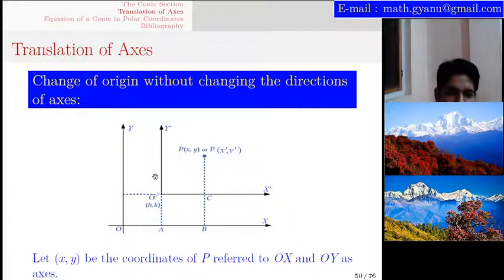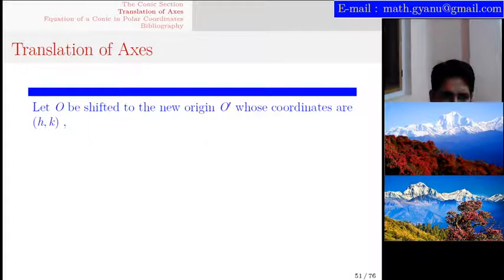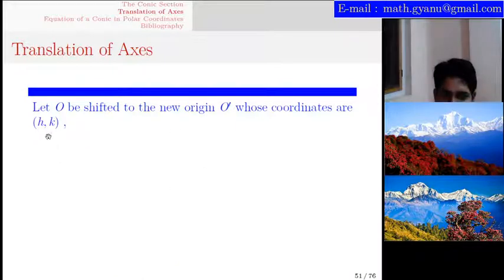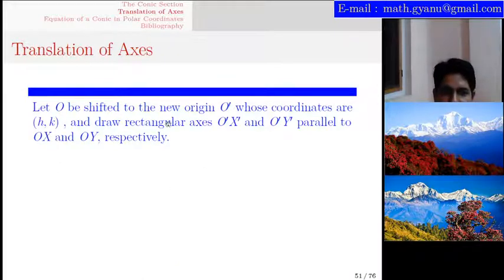Throughout this, let (x, y) be the coordinates of P, referred to Ox and Oy as axes. Let O be shifted to the new origin O', whose coordinates are (h, k). Draw rectangular axes O'x' and O'y' parallel to Ox and Oy respectively.